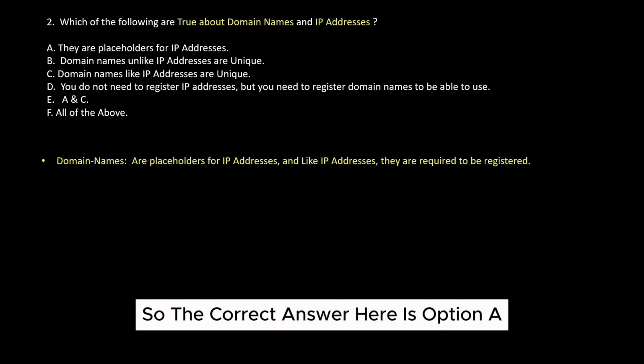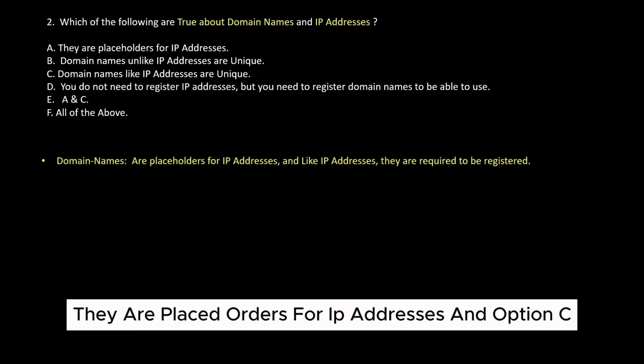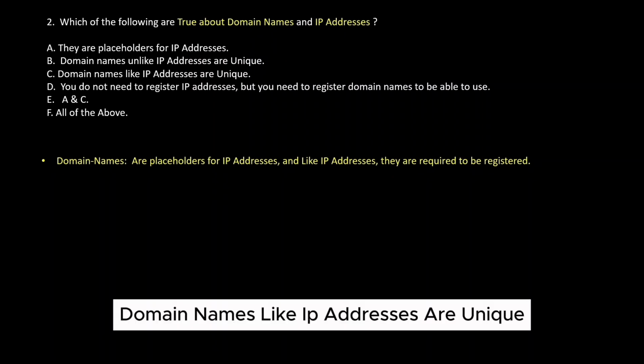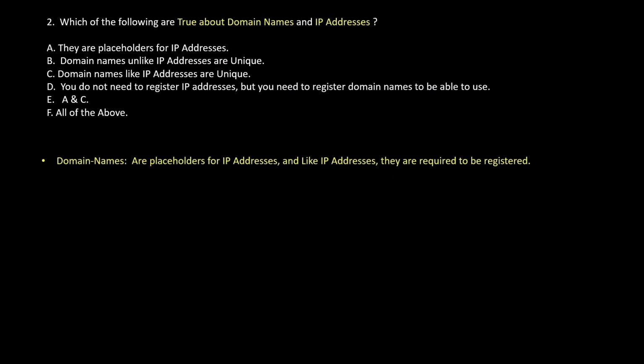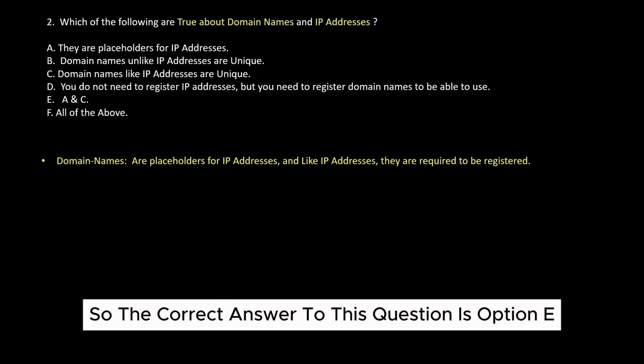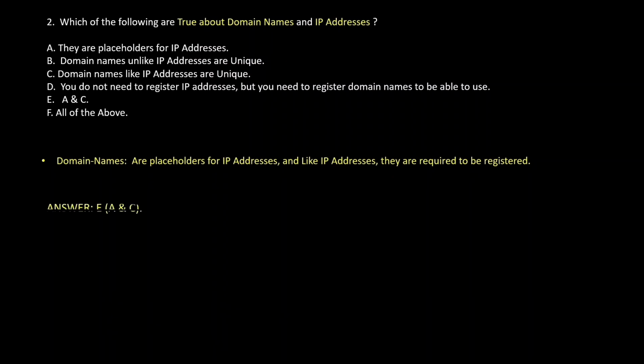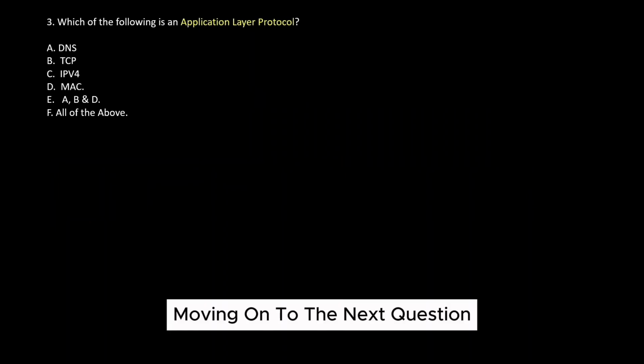So the correct answer here is option A, they are placeholders for IP addresses, and option C, domain names like IP addresses are unique. So the correct answer to this question is option E, A and C. Moving on to the next question.